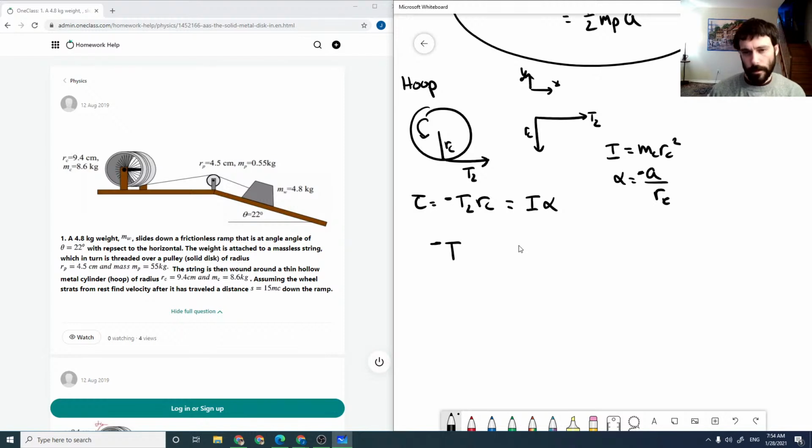So it's minus T2 RC is minus MC RC squared times the acceleration over RC. We can cancel, and so T2 is MC a.